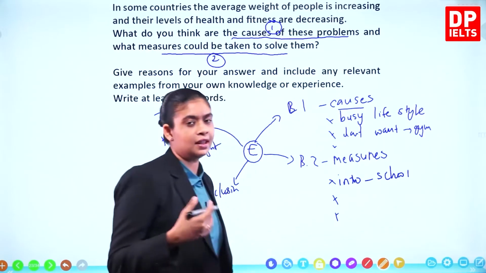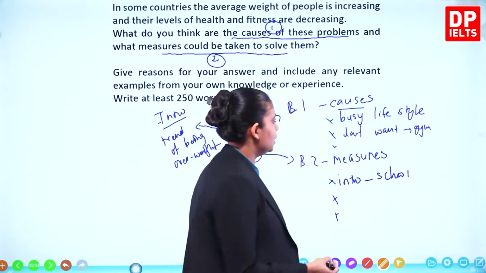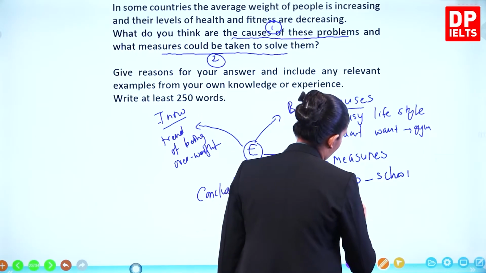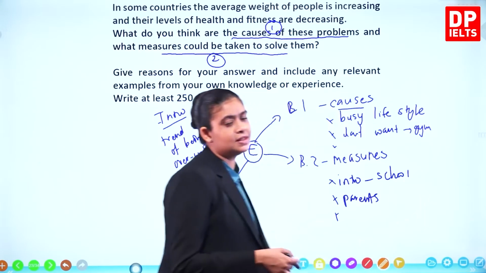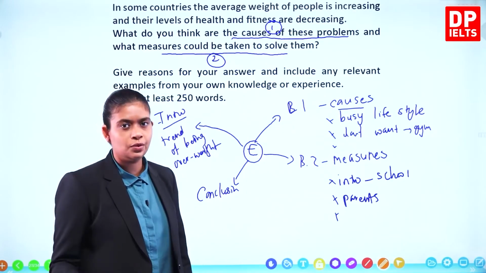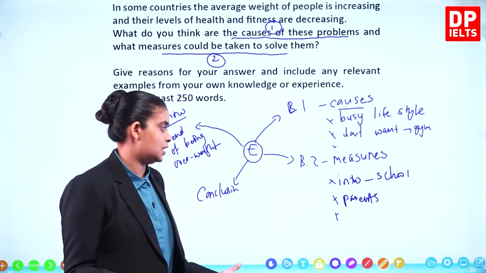So that they could actually practice it. And apart from that, you can make sure that parents are aware about these things. So that when children practice these good things at school, they could come and make sure that their parents are aware about it as well.